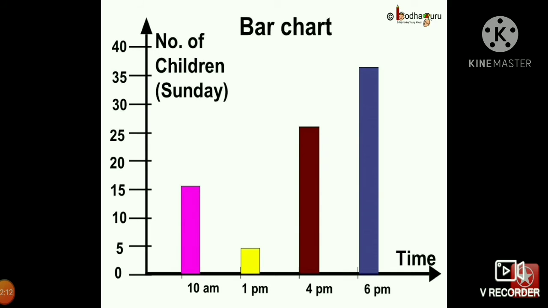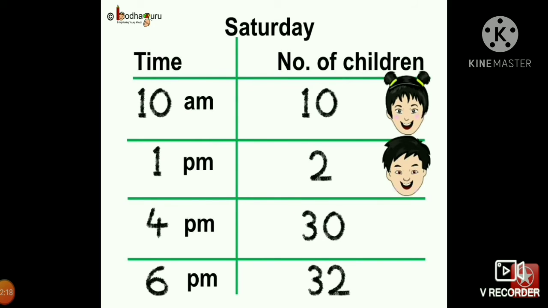The next data is here: the students who came to the park on Saturday. It's the same timings: 10 a.m., 1 p.m., 4 p.m. and 6 p.m. For the number of children, at 10 a.m. it is 10, at 1 p.m. it is 2, at 4 p.m. it is 30 and at 6 p.m. it is 32 students.